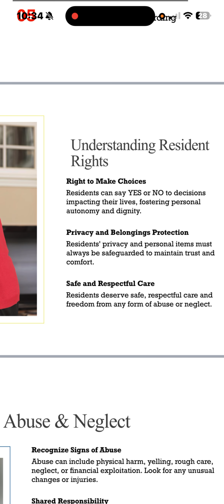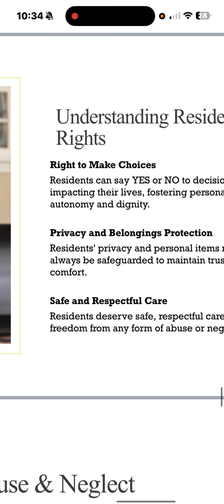Right to make their choices. All residents have the right to make choices. So if you have some test questions, right, and they refuse certain things, they have the right to make those choices. Residents can say yes or no to decisions impacting their lives, fostering personal autonomy and dignity.